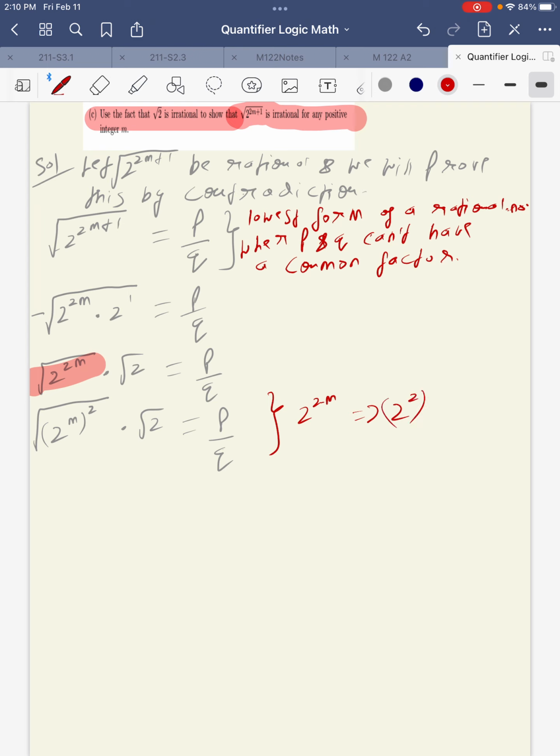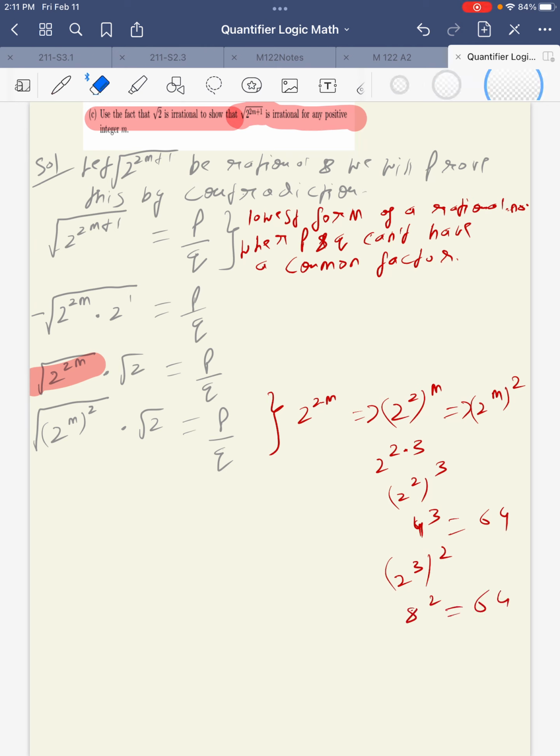For example, if m is 3, then 2 to the power 2 times 3 is 4 to the power 3, which is 64. And if you do 2 to the power 3 and then square it, you get 8 squared, which is 64. So it's just the same thing.